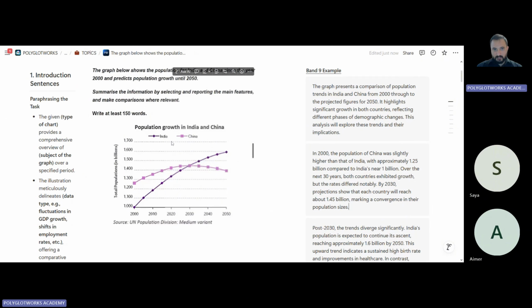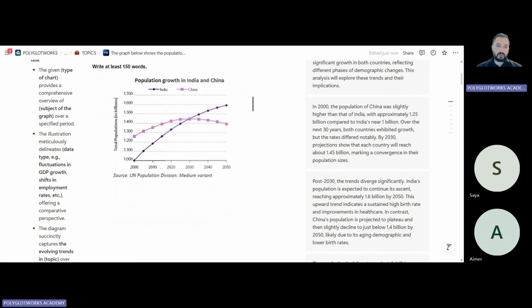So let's come to the second paragraph. As you see, I try to compare these two countries from 2000 to 2025. And after 2025, I need to come to the convergence and then expectations. Why is the graph so difficult? I specifically chose this graph because some students, again, make really, really cute mistakes.